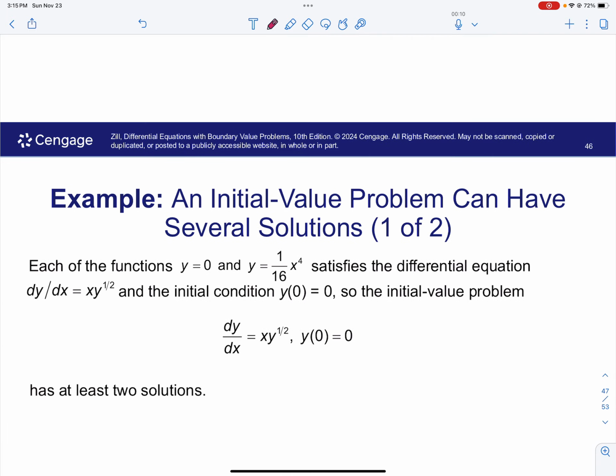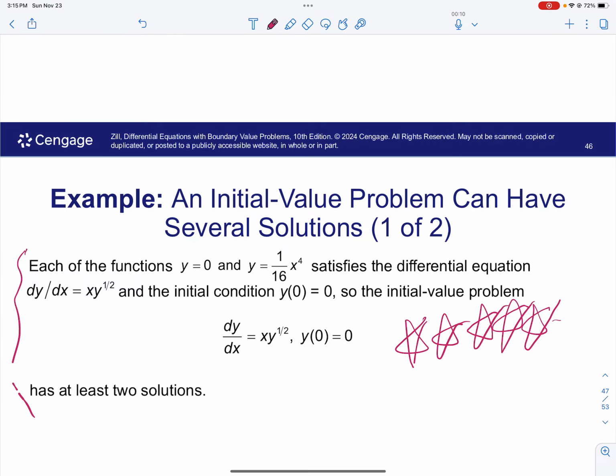Okay, the next example is a very tricky example, and we will use it a lot. Are you guys with me? For the moment, you only need to know that 1 over 16 x to the fourth, we already proved this is a solution, and y equal to 0 is also a solution.